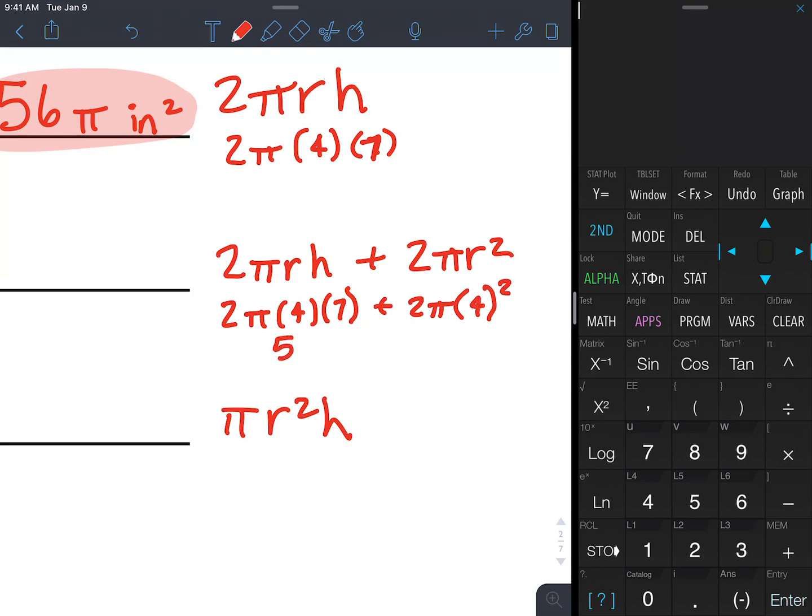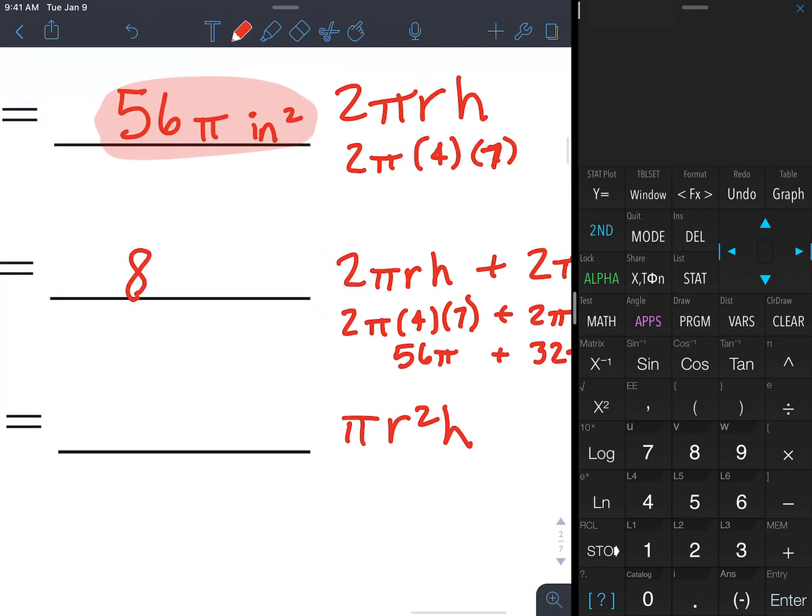So we're still going to get 56 pi here for this first part. Then after we do 4 squared, that's 16. 16 times 2 should be 32. So we'll go and add those dimensions up. And I believe, was that 88, I believe? Yeah. 88 pi, and then inches squared again. And that'll be your answer.